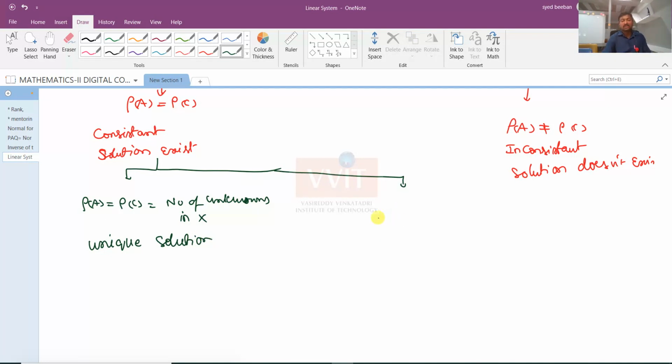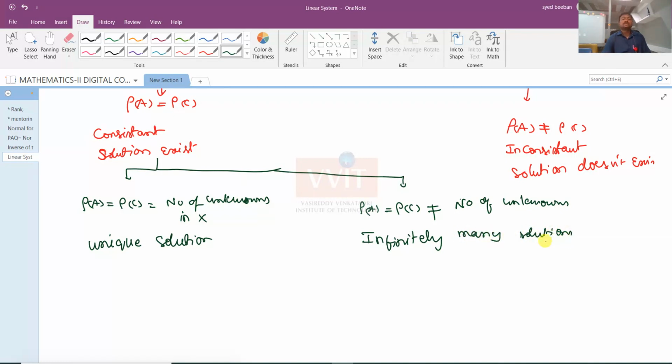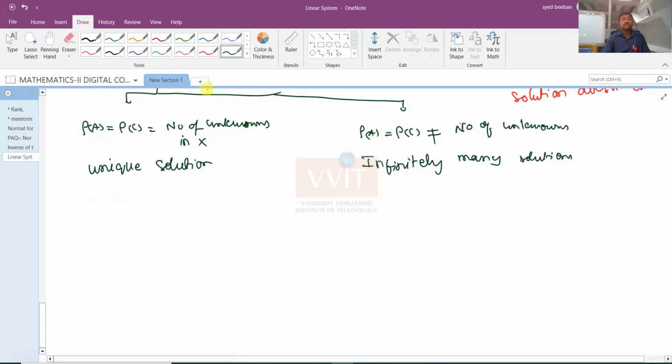Then, if rank of A equals rank of C but is not equal to the number of unknowns, obviously it will be less than the number of unknowns, then the system will have infinitely many solutions.